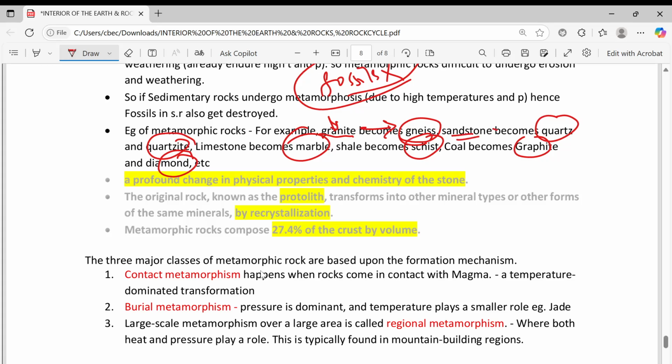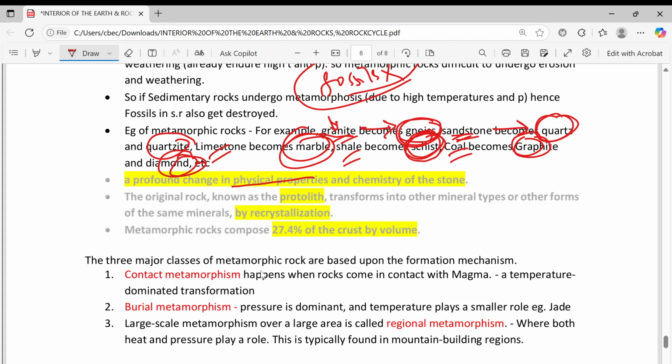Sandstone is sedimentary; it is converted to quartzite when you apply high temperature and pressure. Gneiss, quartzite, marble and schist are metamorphic rocks. Shale, limestone, sandstone and coal are sedimentary, and granite is igneous. Coal becomes graphite and diamond under high temperature and pressure.